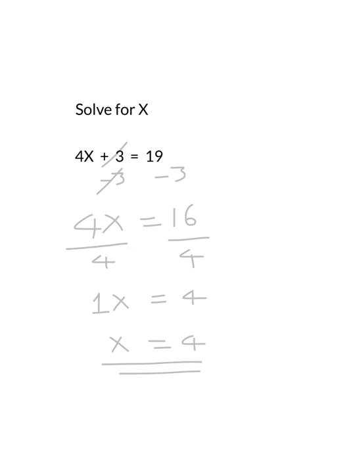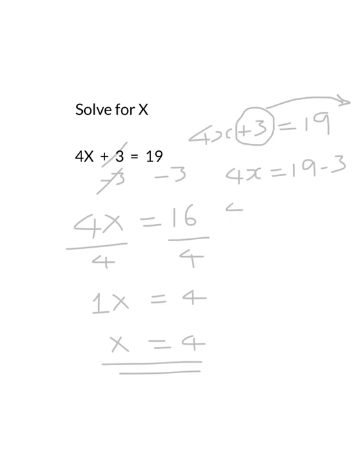I'm just going to show you an alternative method now. So we have 4x plus 3 equals 19. So what some people do is they take this plus 3 and they move it over to the other side, and it changes its sign so it becomes minus 3. So 4x equals 19 minus 3. And then we do exactly the same for the rest.